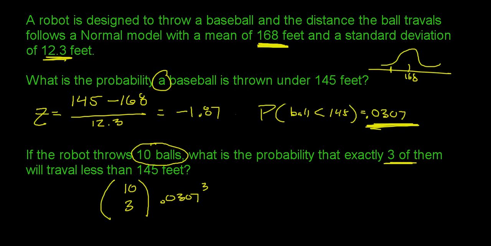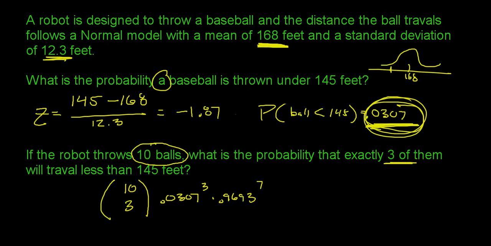And then the probability of being over 145, or the opposite, would be 1 minus 0.0307. That would be 0.9693. And I need 7 baseballs to do that. So again, I need 3 baseballs to be under 145, which I already found the probability for, and 7 baseballs to do the opposite, which is 0.9693.